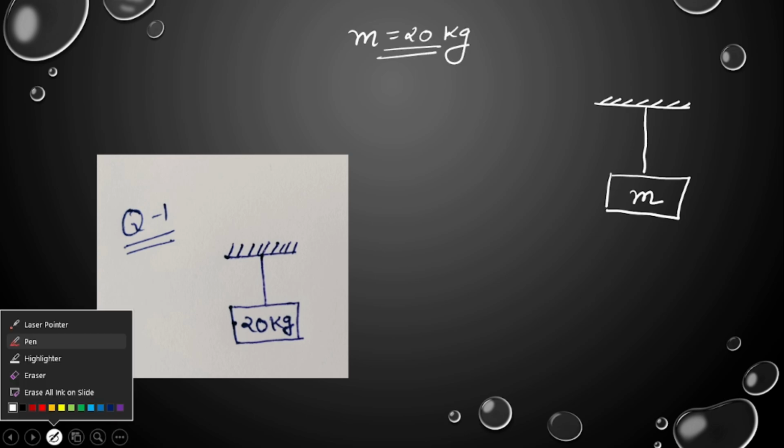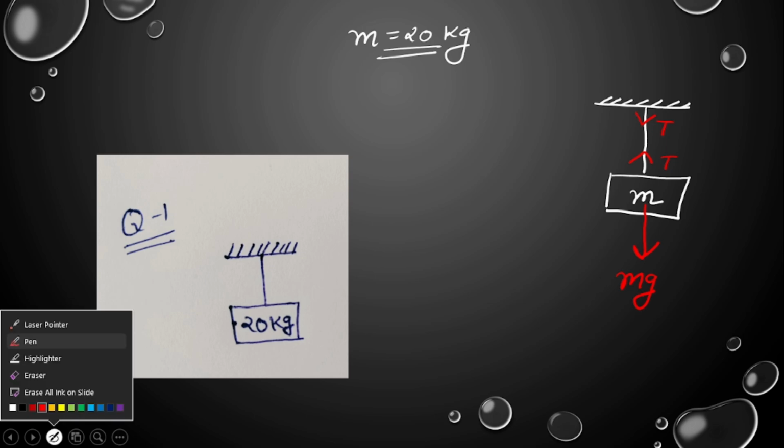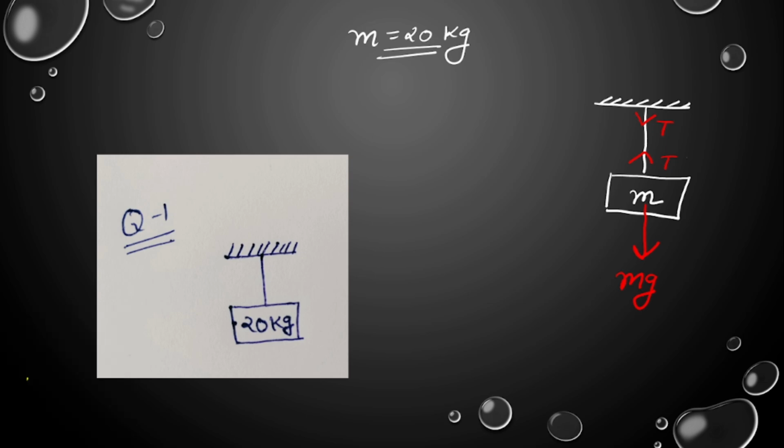So forces, we will show it by red marker: mg, and tension. For this particular block, two forces are acting: one is mg, another is tension, and as we can see the block is in equilibrium.